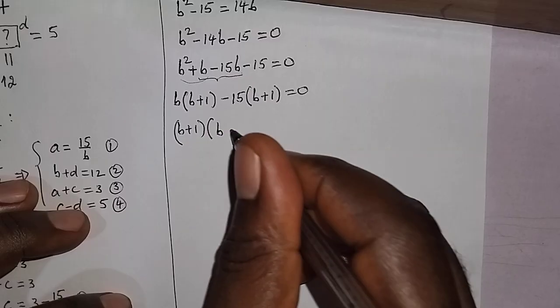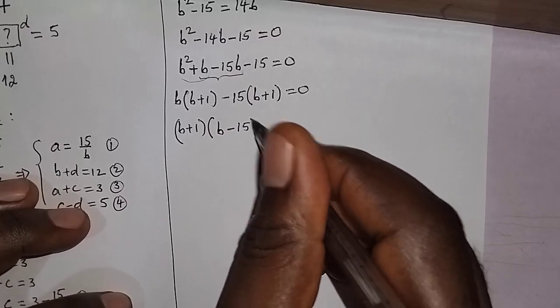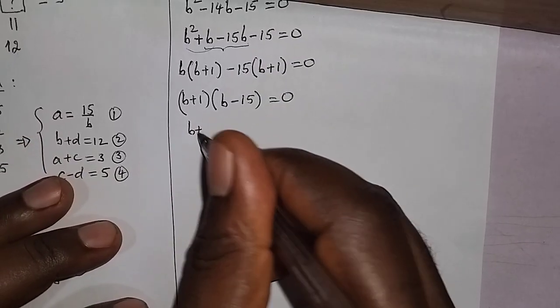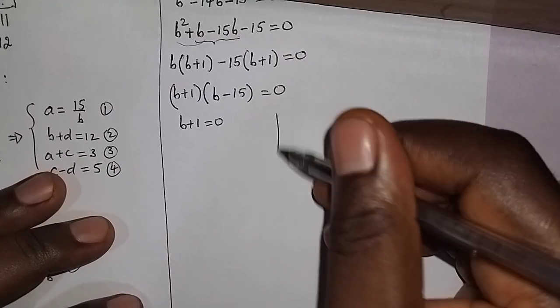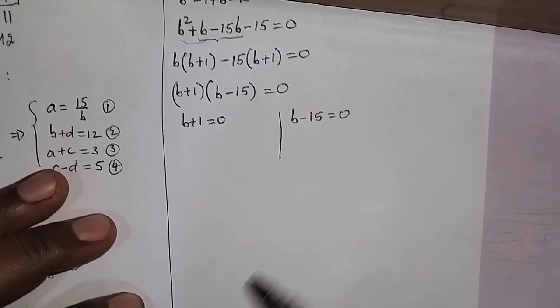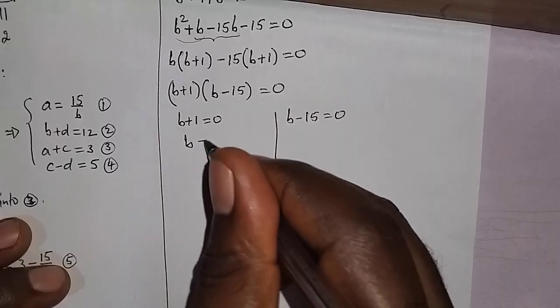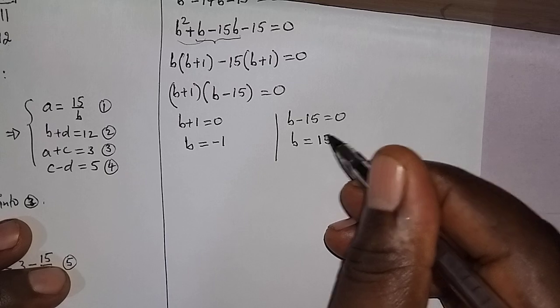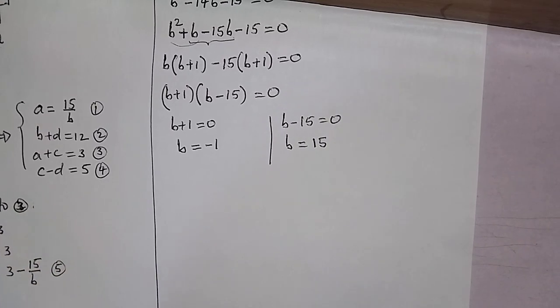Remain B minus 15, which is equal to 0. Here we have B plus 1 equal to 0, and B minus 15 equal to 0. So B is equal to minus 1, and here B is equal to 15. Here we have two solutions of B.